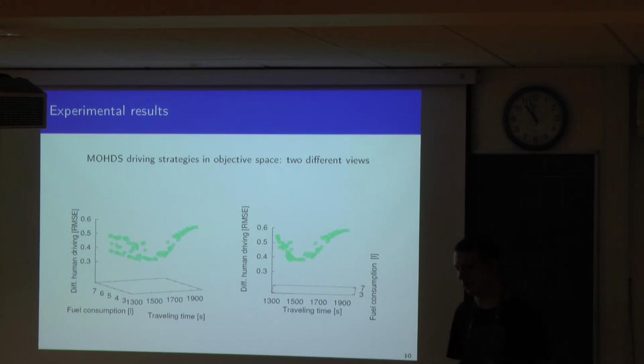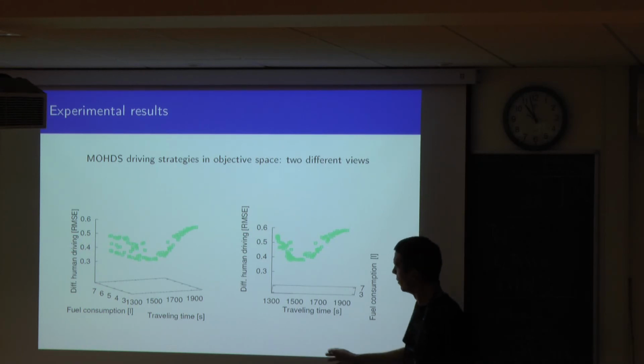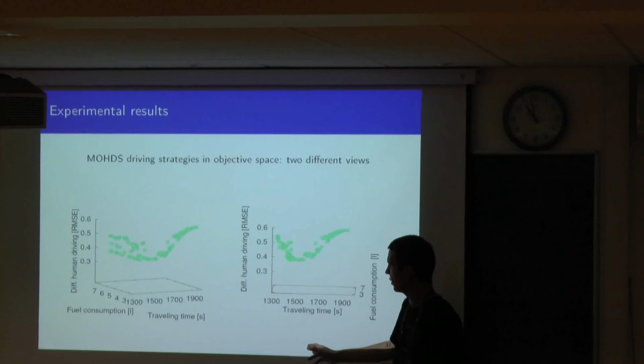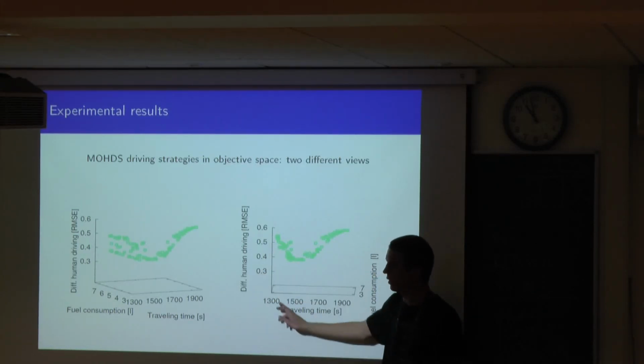This is not to track the exact human driving, but to have different driving strategies to be then implemented inside an actual simulator, where we can choose, okay, maybe some driving strategy that is not so like human driving, but it will go very fast.